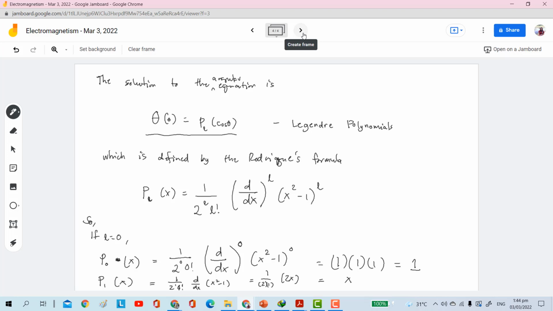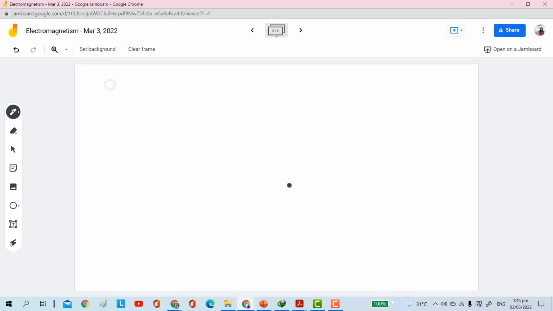And then we'll proceed to P sub 2. For P sub 2, we have 1 over 2 raised to the power of 2, and then 2 factorial, and then the second total derivative of x squared minus 1 squared.